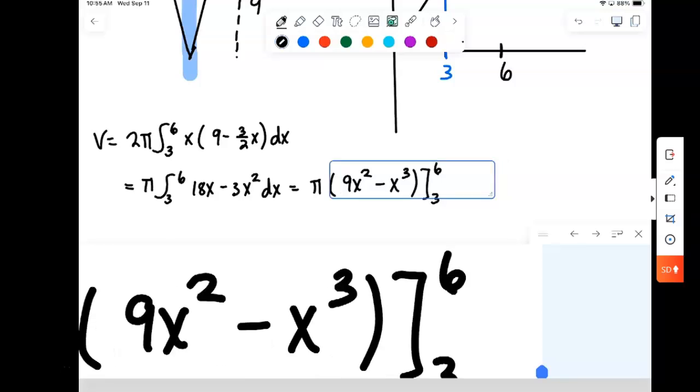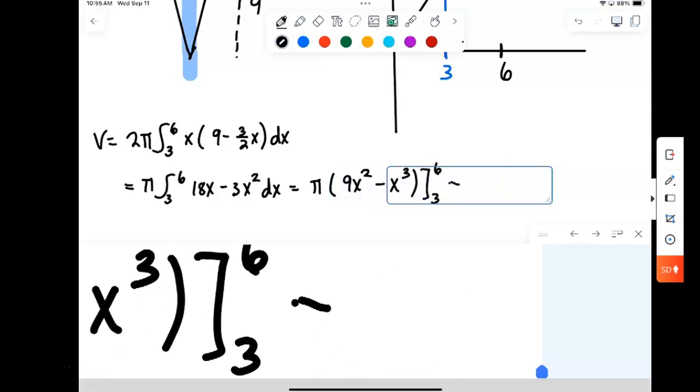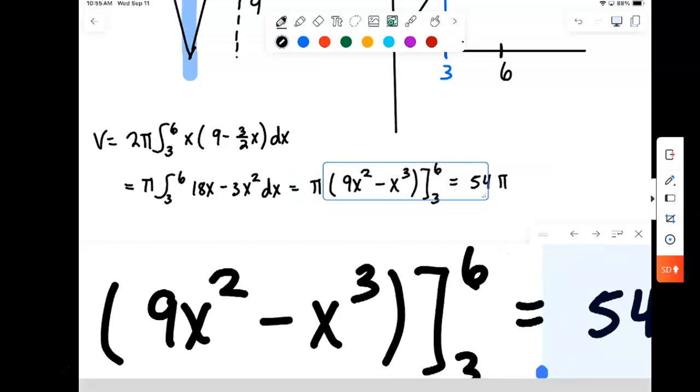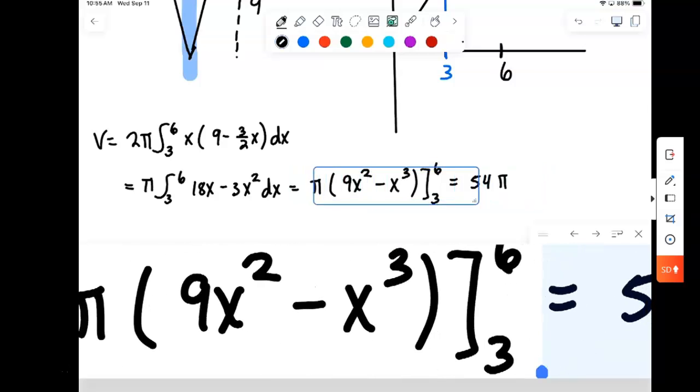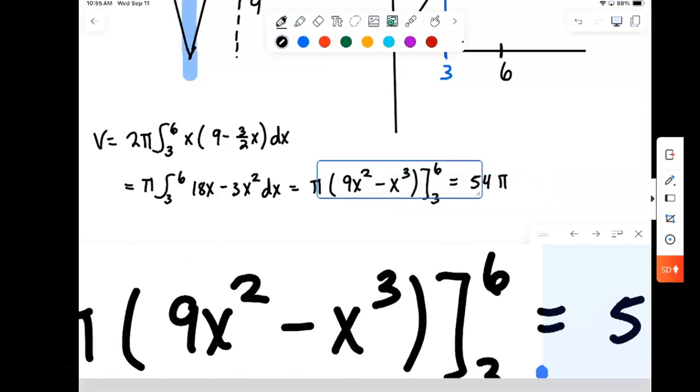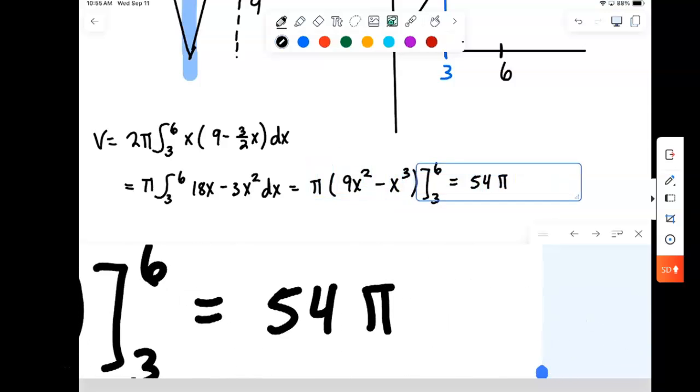When you do this, unless my arithmetic computation is wrong, you should get 54 pi. So plugging in 6, computing that, then plugging in 3 and taking the difference, you should get 54 pi.